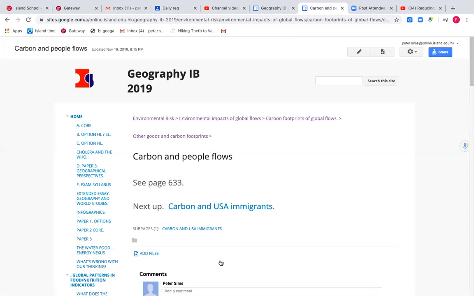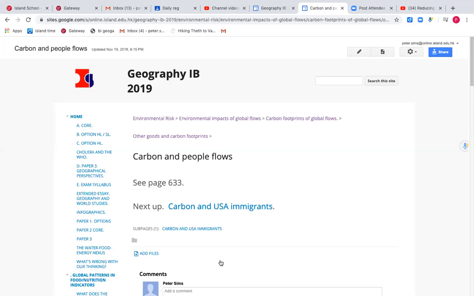I do find this rhetoric absolutely incredible. However, we do have to recognise that in the transportation industry and the tourism industry, that global flow of people does have a significant impact on the carbon footprint of the world.